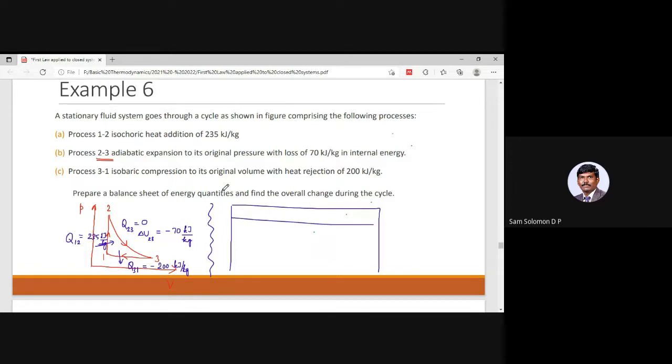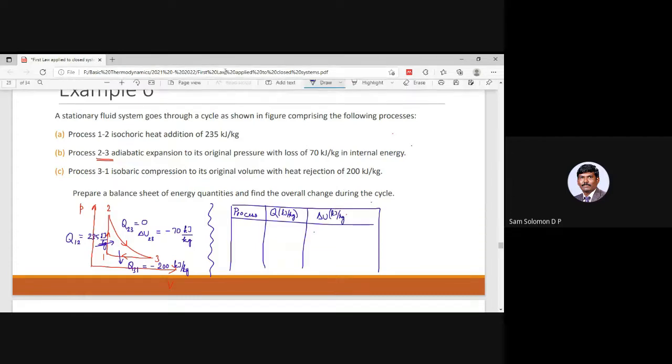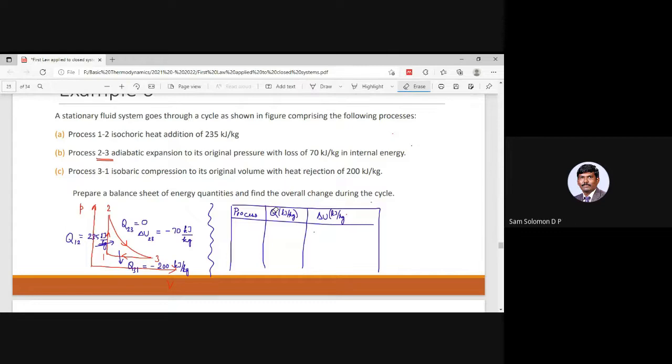So what is the first column? The first column is process. The second column is, let's say, Q in kilojoule per kilogram. And then let's say delta U in kilojoule per kilogram. Sorry, if it is kilojoule per kilogram, what should be the notation?